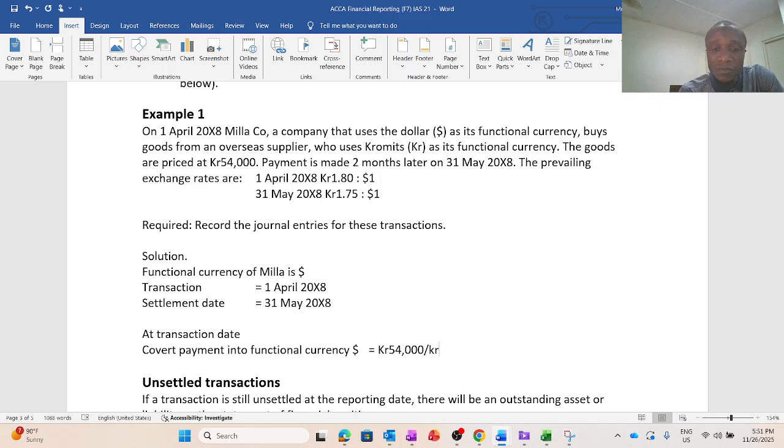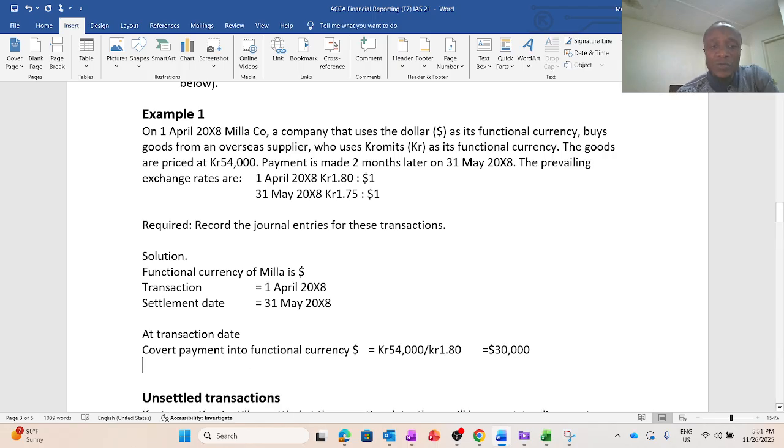The rate is 1.80. So now, let's use our calculator. 54,000 divided by 1.8 will give us $30,000.